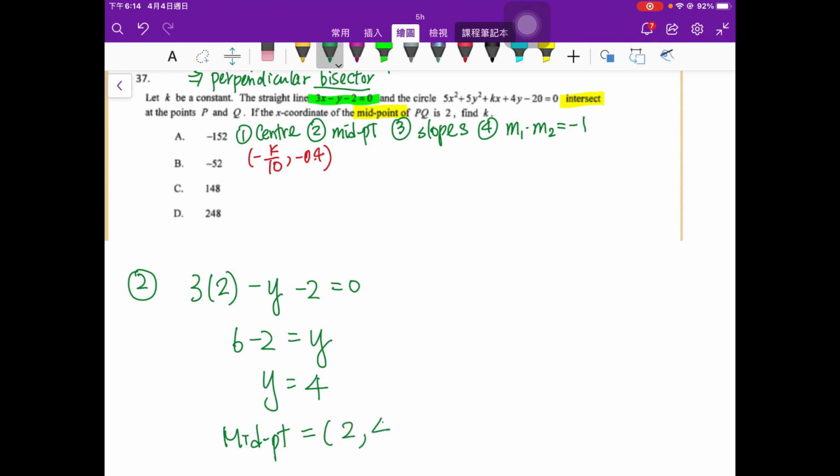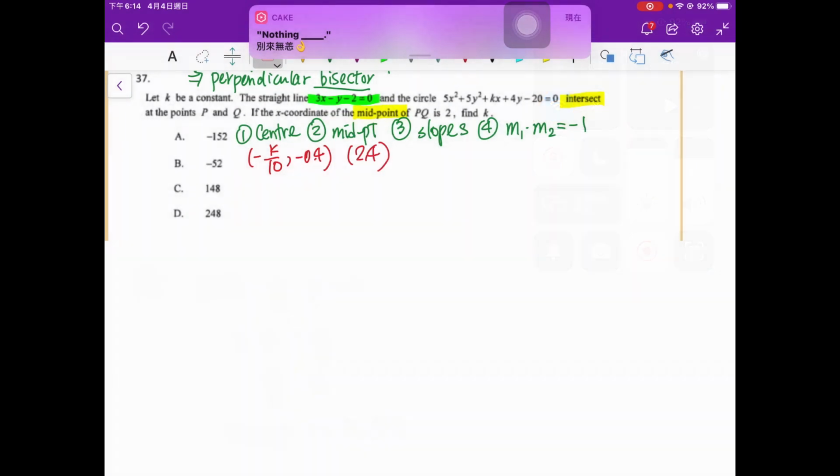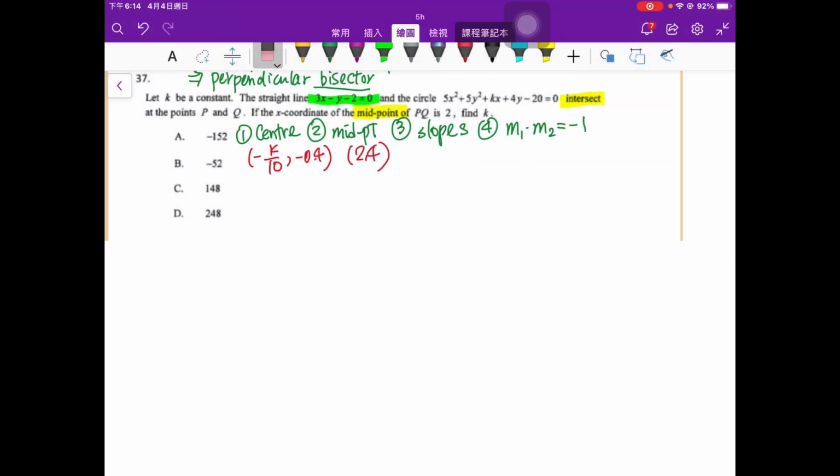The coordinates of the midpoint are 2, 4. We have gotten two pieces of information: the center minus k over 10, minus 0.4, and the midpoint 2, 4. Now we focus on the slopes.